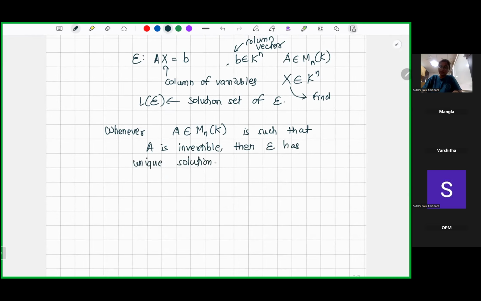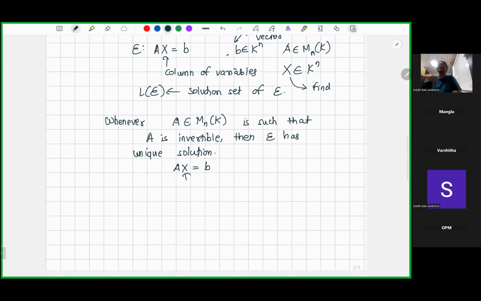Because with Ax equal to b and A invertible, I can always take A inverse b, and x equal to A inverse b will be the solution of epsilon.